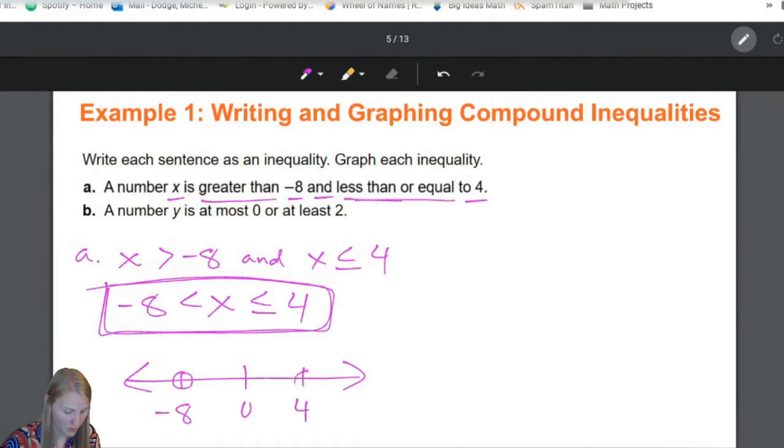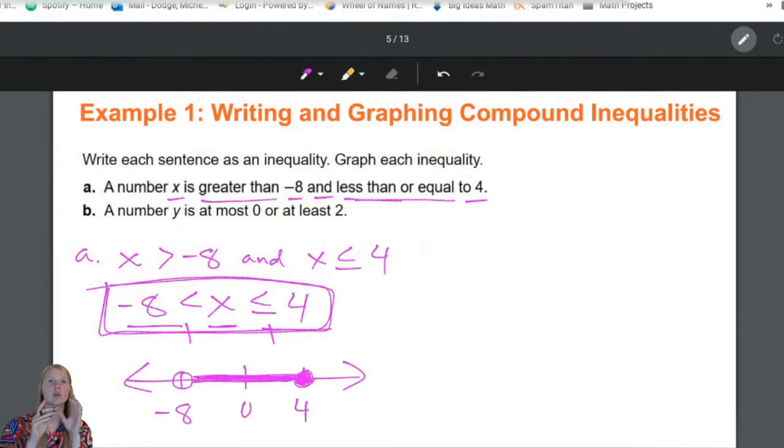I'm also going to put a circle on 4, and I'm going to color that one in, because it is greater than or equal to x. Okay, and now I know that x is between those two, right? It's bigger than -8, but it's smaller than 4, so x has to be sandwiched in between those two. So I just draw a line right in there.